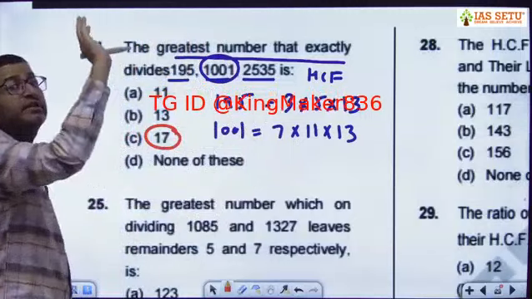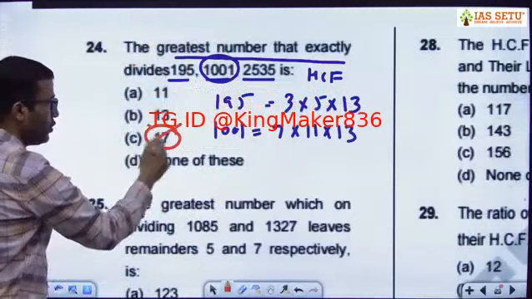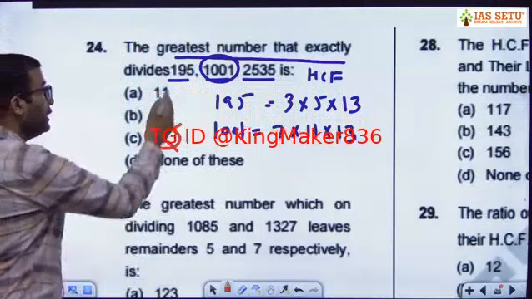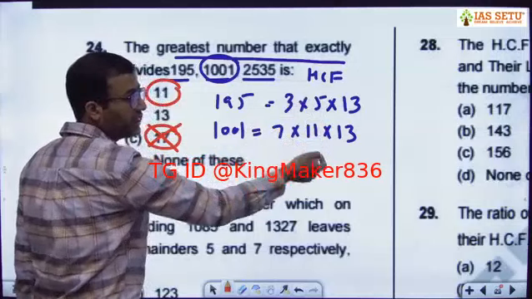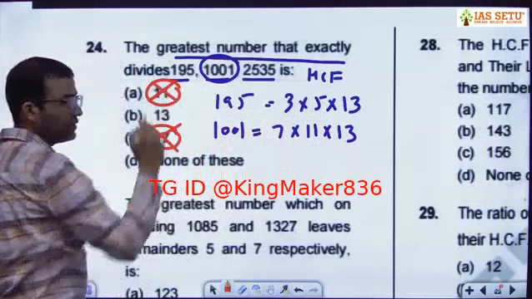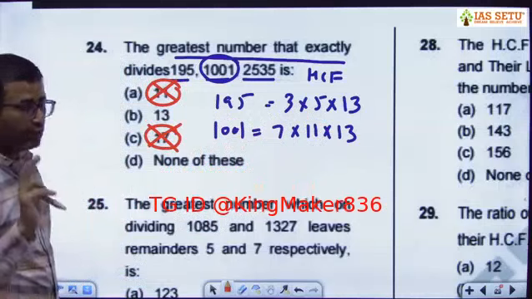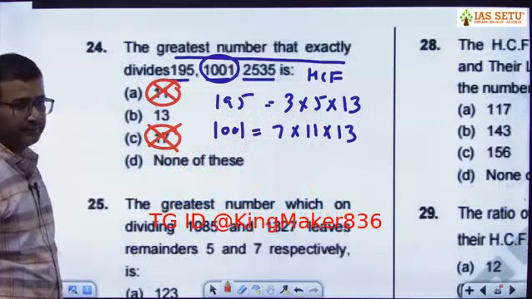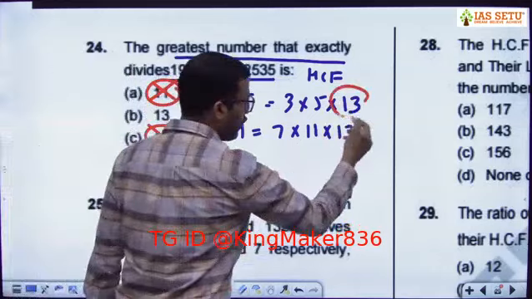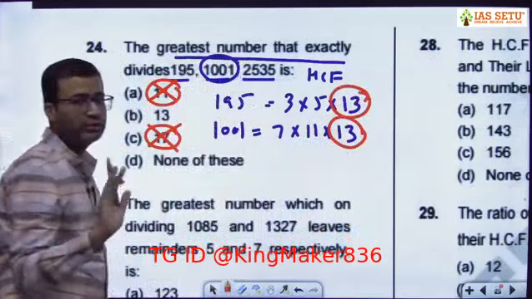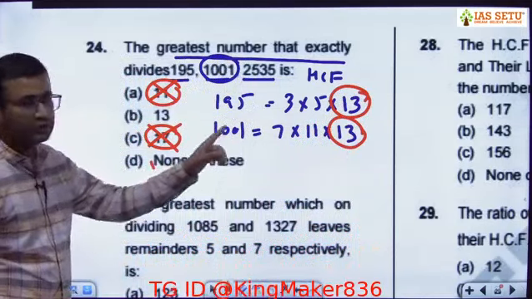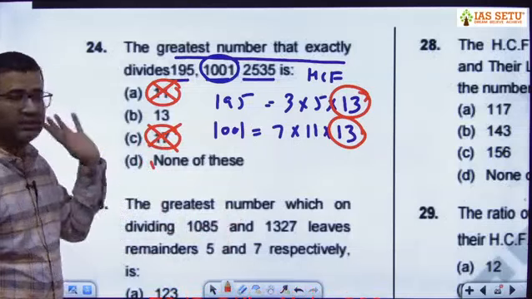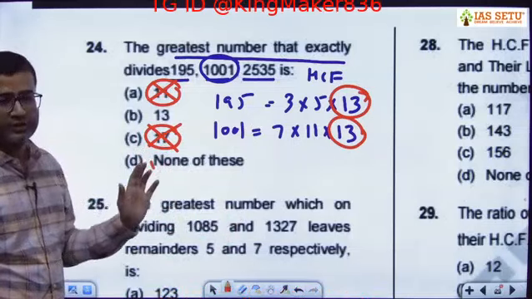How come 17 will be highest common factor? 11. 11 is not a common factor in first and second number. How you can mark answer 11? Then you left with two answer option B and D. Here 13 is common, but you can't conclude 13 is answer. It depends on the third number. If third number also has 13 as a common factor, 13 is the answer. Otherwise, none of this is the answer.